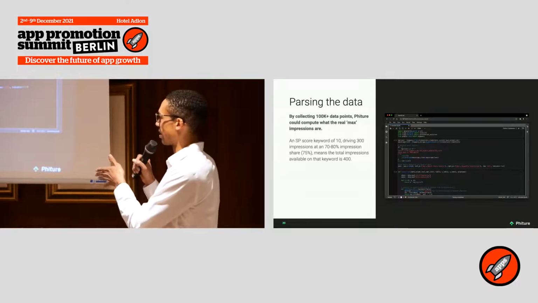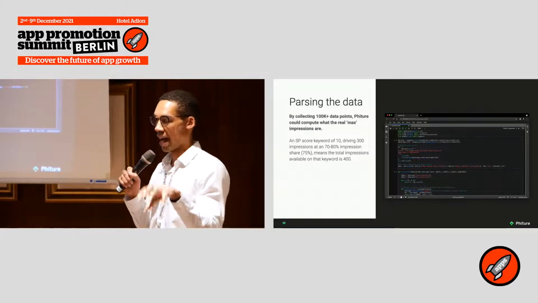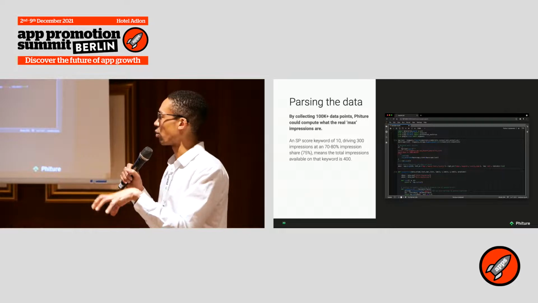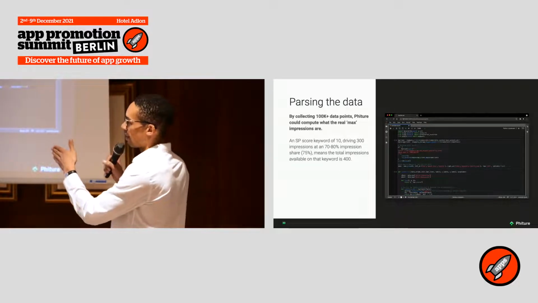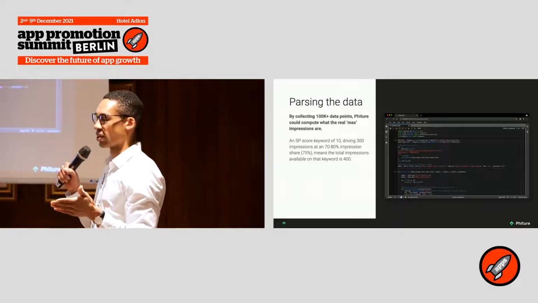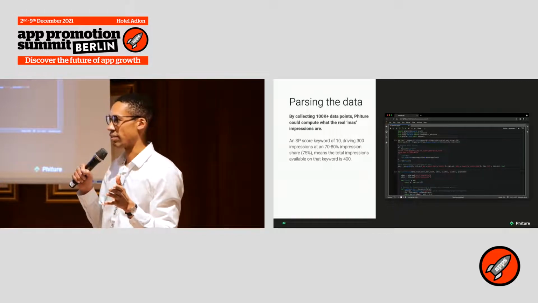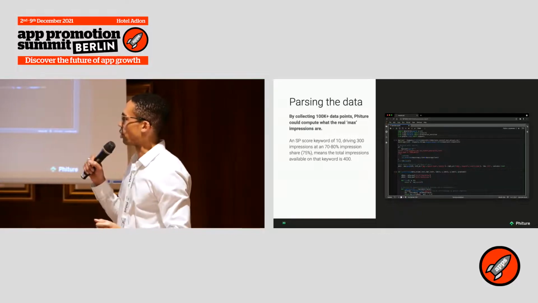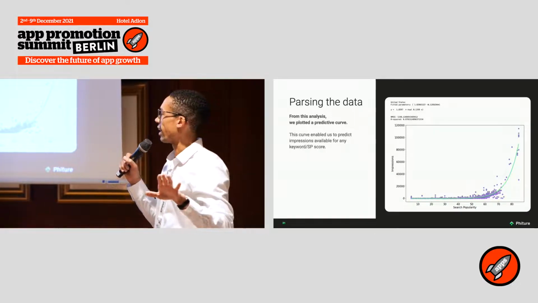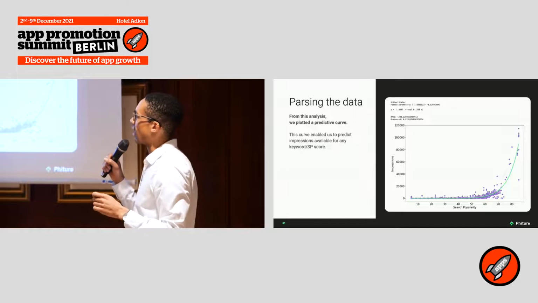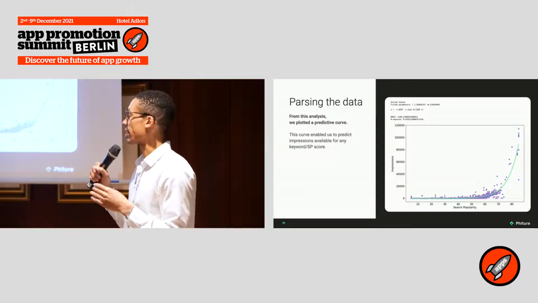For instance, combining ad impressions with share of voice and search popularity score, we might find that at a search popularity score of 10, we observe 300 impressions driven, and if Apple tells us it's a 70 to 80% impression share, an average of 75%, we can calculate the number of impressions available is 400. Doing this for all the data points that we had gave us a new exponential curve, and we feel really good about this curve at this point.